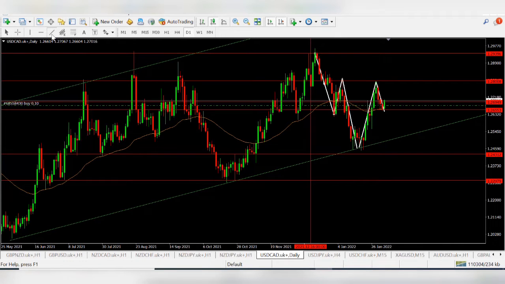I'm going to draw one more line, and then maybe it will make sense to us finally. This is my last line. Price has not moved yet, but I'm already beginning to see where price is headed.